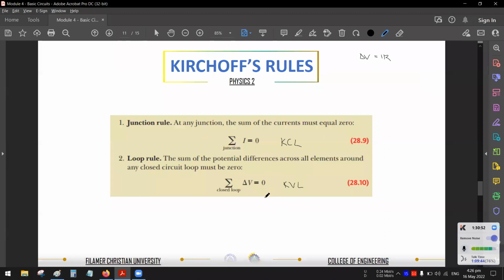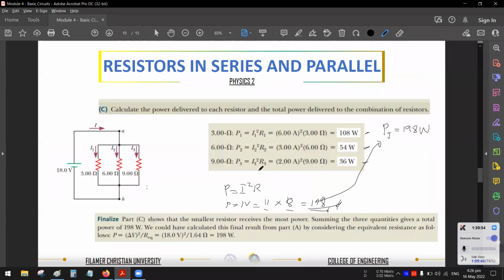So, sa mga example ito. Kung i-apply tayo ng KCL, yung I1 mo, minus I2, minus I3, should be equal to 0. Ito kasi simple lang to eh. So, you can just simplify the circuit, then apply the usual formula.